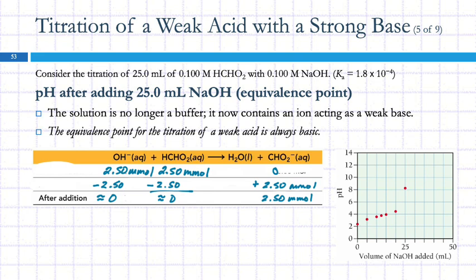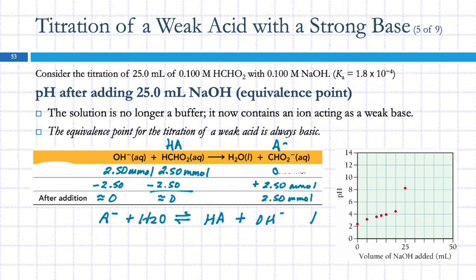Okay, so we've got A minus plus H2O is going to make HA plus hydroxide ion. This is A minus and that's HA.